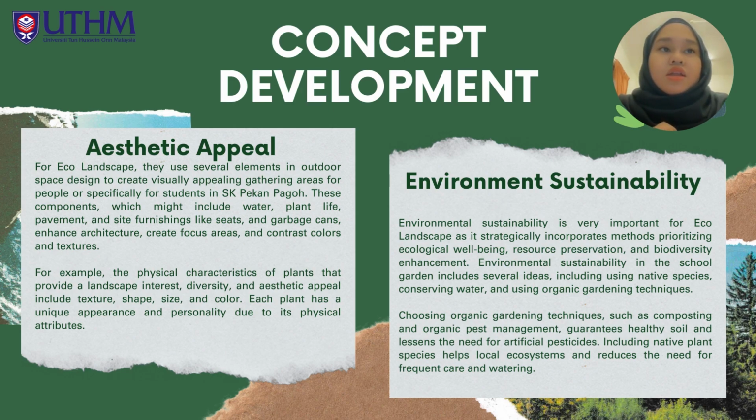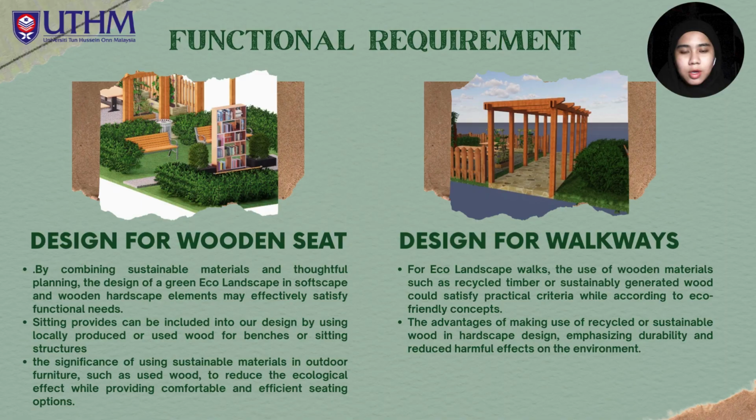Choosing organic gardening techniques such as composting and organic pest management guarantees healthy soil and lessens the need for artificial pesticides. Including native plant species helps local ecosystems and reduces the need for frequent care and watering.